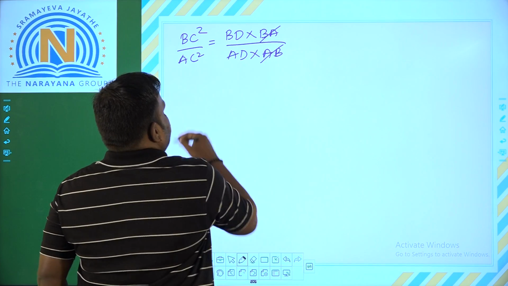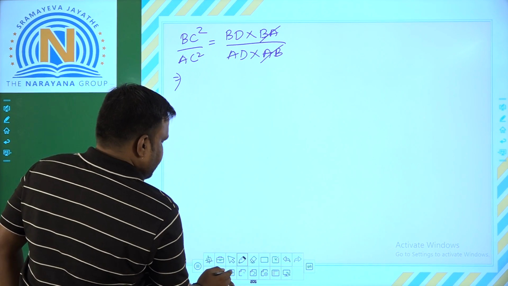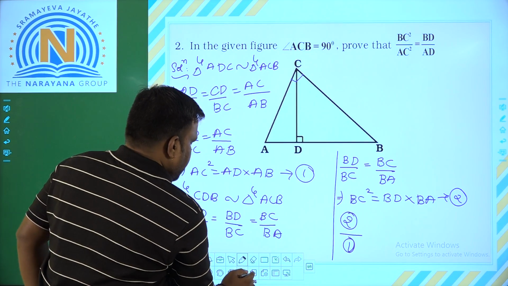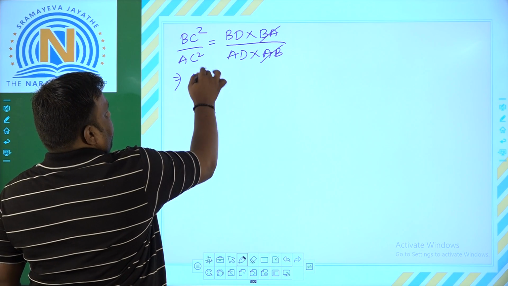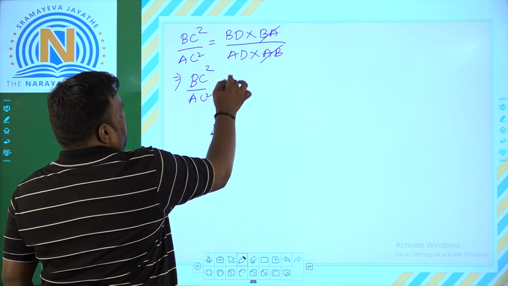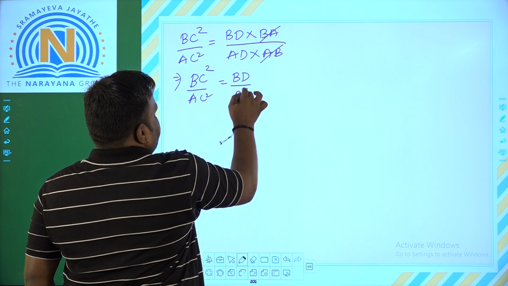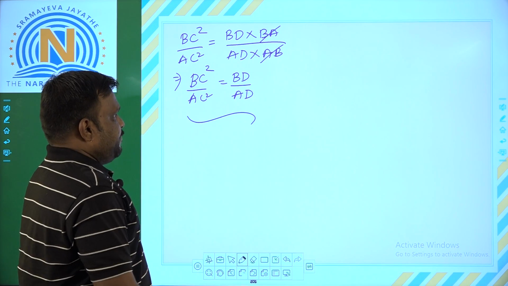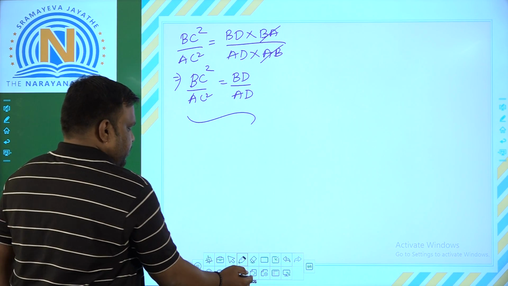So these two get cancelled. So here I am left with BC square by AC square is equal to BD by AD. This is what you have to prove, right? This completes the second question.